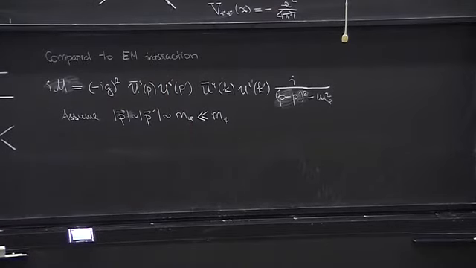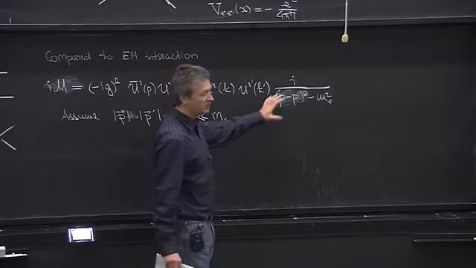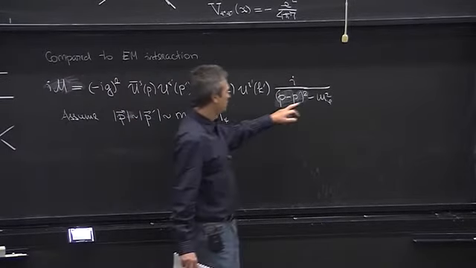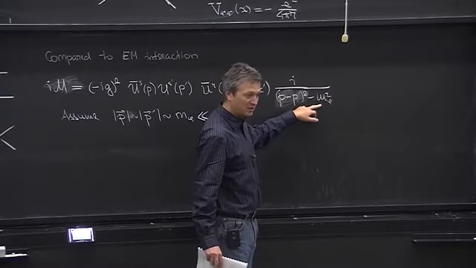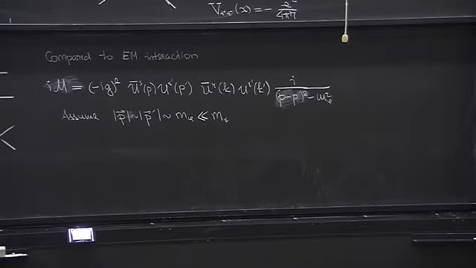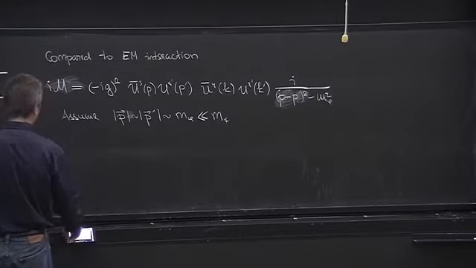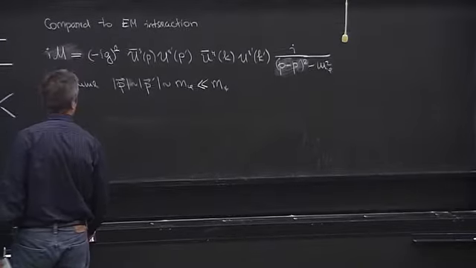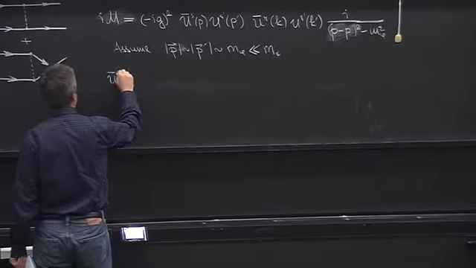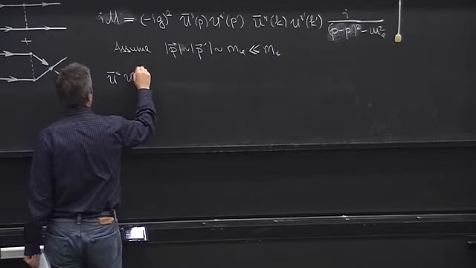So in the potential, we will do the same non-relativistic approximation for fermions, but we will not neglect the mass correction here in the propagator. So at the end, what we will need to do is compute the matrix element of non-relativistic spinors u bar s times u s prime.